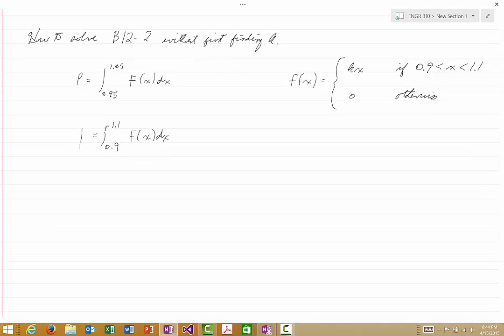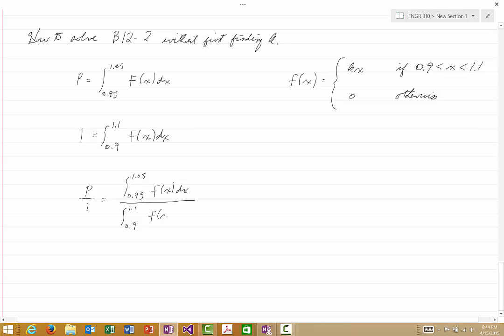Now, let's divide this top equation by the second equation, and what we will get is P over 1 is equal to the integral from 0.95 to 1.05 of f of x dx divided by the integral from 0.9 to 1.1 of f of x dx.